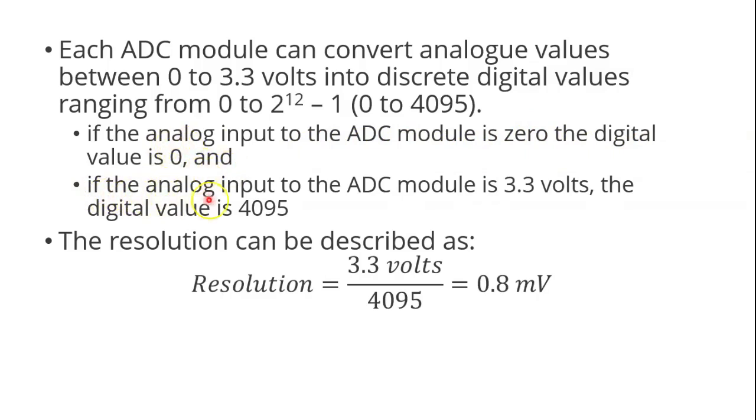And if the analog input to the ADC module is 3.3 volts, the digital value would be 4095. And the resolution can be described as resolution equals 3.3 volts divided by 4095, which equals 0.8 millivolts.